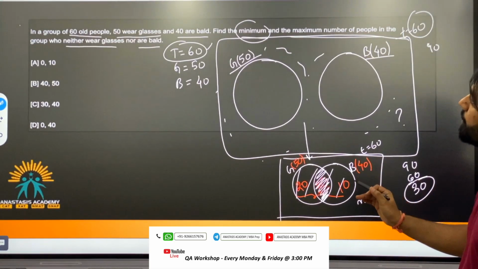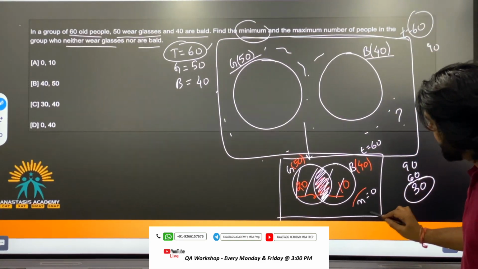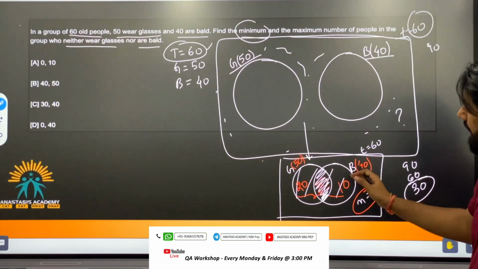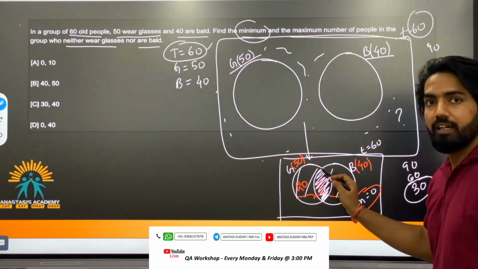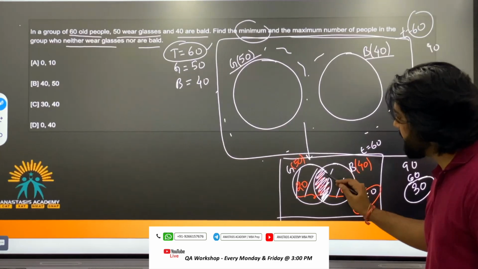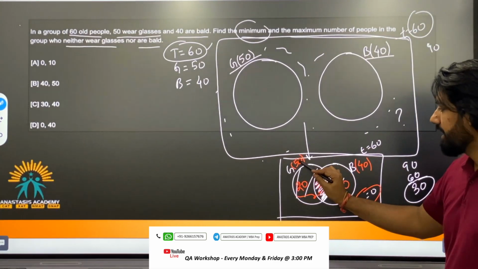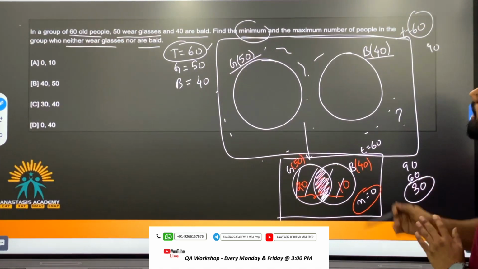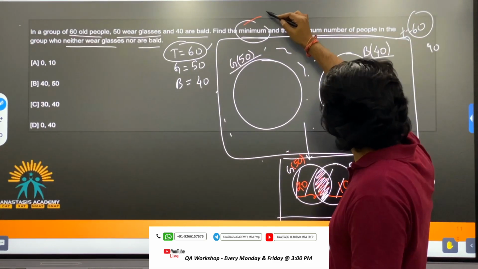So the minimum number of people outside these two regions can be 0, because all 60 people can fall into these categories. For that we need a minimum of 30 people who both wear glasses and are bald. So the minimum value of people outside this region is 0.